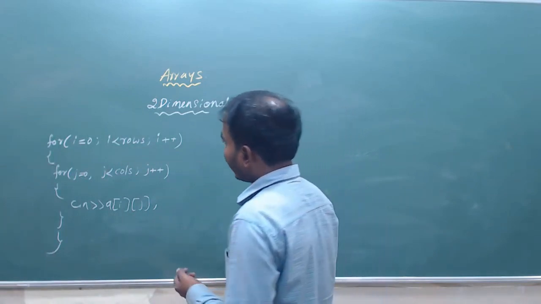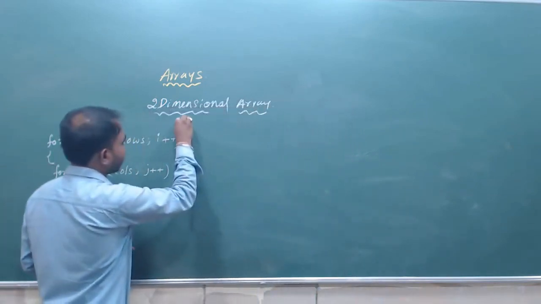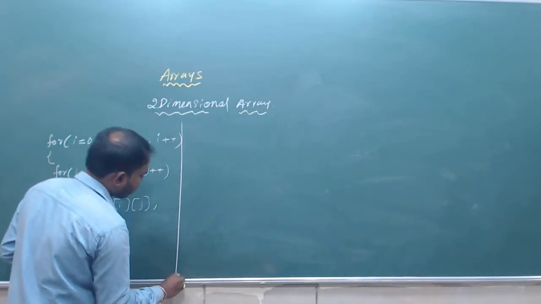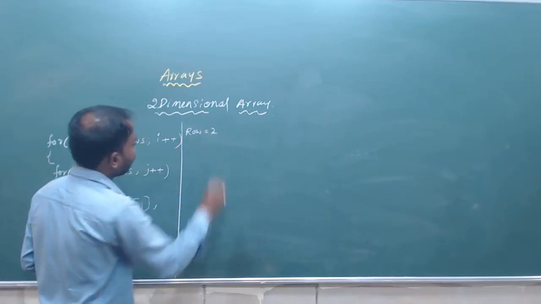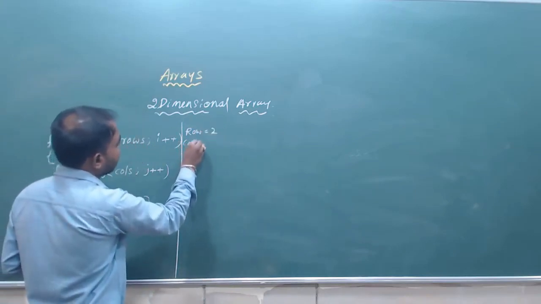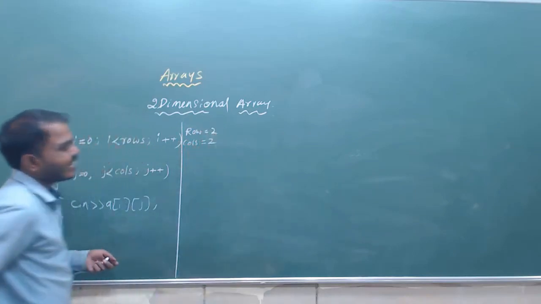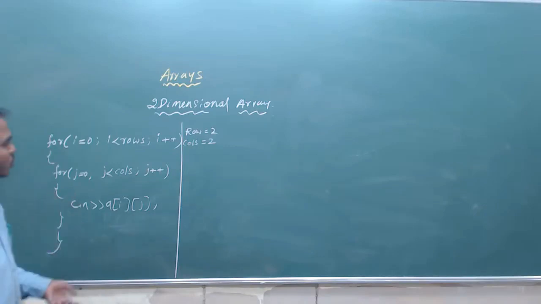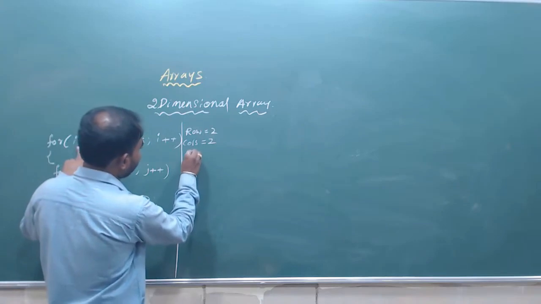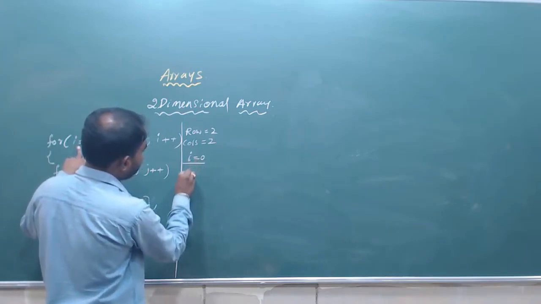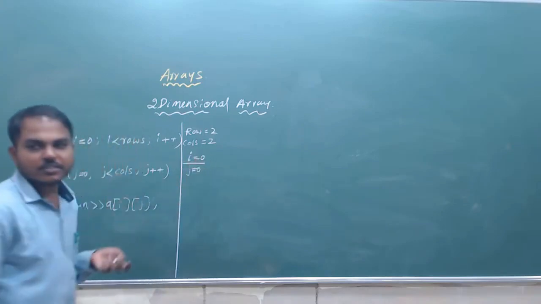Okay. So I'll take rows here as a 2 and columns that we take as a 2. Right? 2 and 2. So how logically it works? See, i is equal to 0. Initially it was a 0, and j is also a 0.